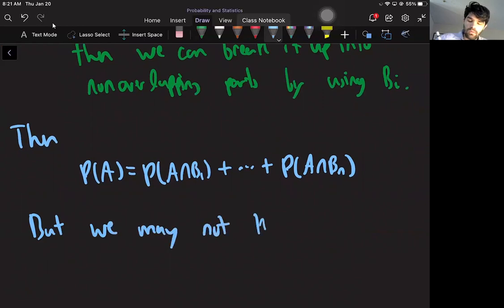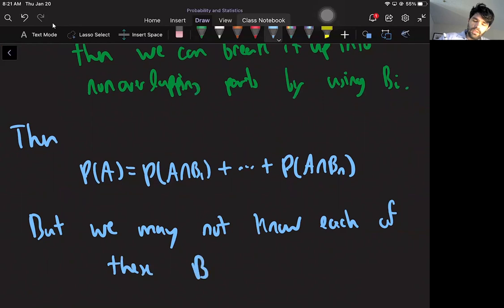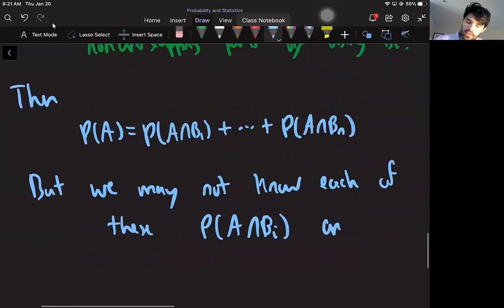So we may not know each of these probabilities. And instead, we might know some conditionals.